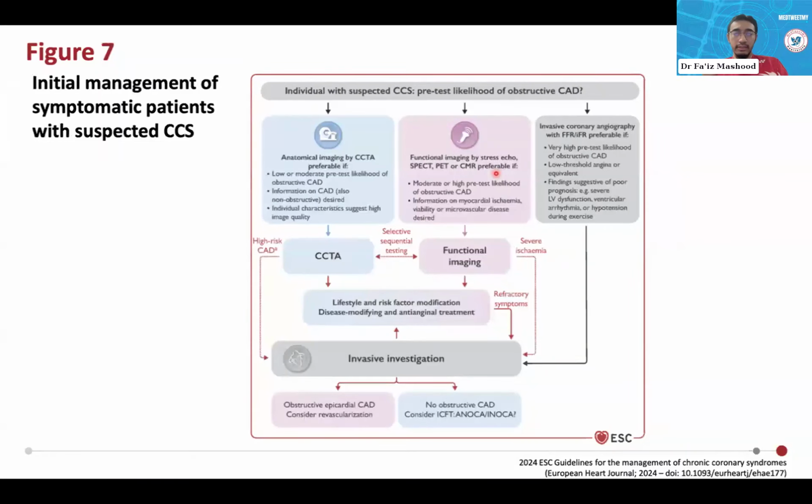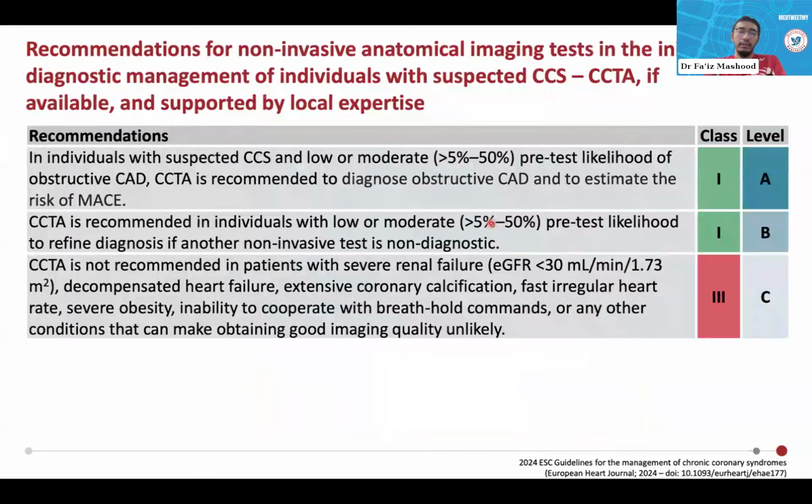Okay, all right. So this is just another algorithm. Let's say the patient falls under low risk, in which CTCA is what is advocated by ESC as per guideline. If, let's say, the CTCA is deemed inconclusive, okay, we can go with functional imaging test, and vice versa. Okay, this is as per what is stated in the ESC 2024.